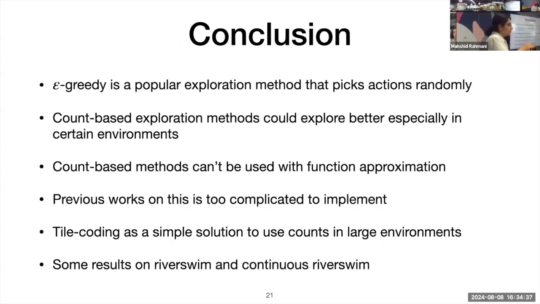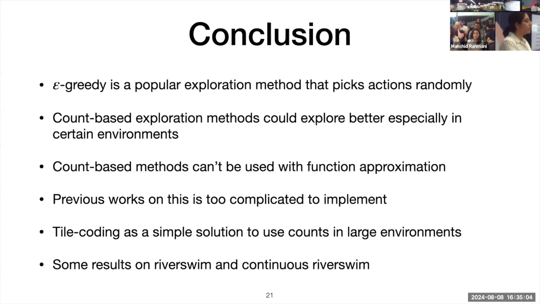And that brings us almost to the end of the talk. To summarize, we talked about how epsilon greedy is really popular, but it takes actions randomly. Count-based exploration methods could be better. They're more intuitive at least, but they can't really be used for function approximation.